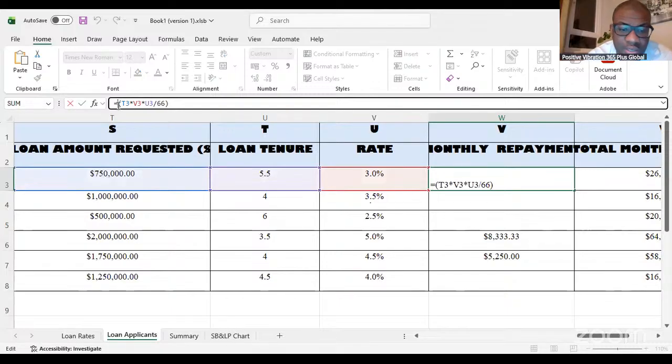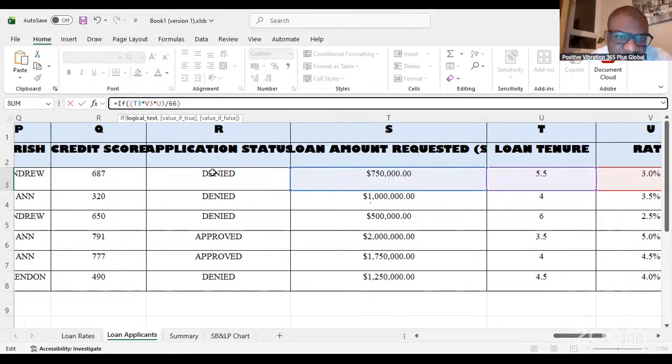So it's IF, and we need to look now, which column has approved? This one, right? So let's say if S3 is equal to approved, comma, that is what they should work out based upon your formula. If not, the monthly repayment should be 0 because they don't take any money.